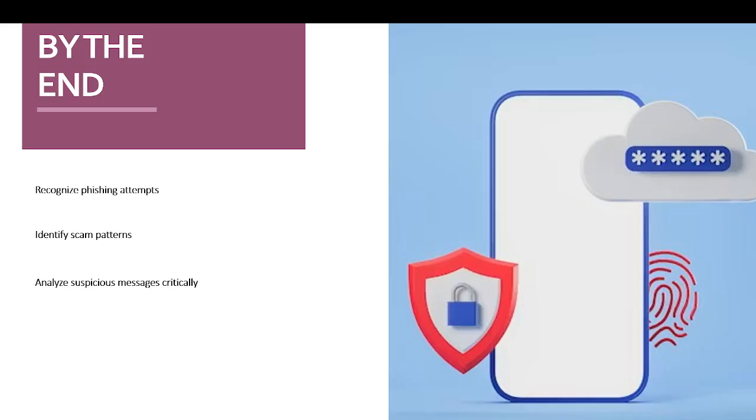We'll analyze suspicious messages critically. This is also very important because a lot of people fall victim to all of this. We're also going to learn how to respond safely to online threats. And finally, you're going to understand basic malware risk.